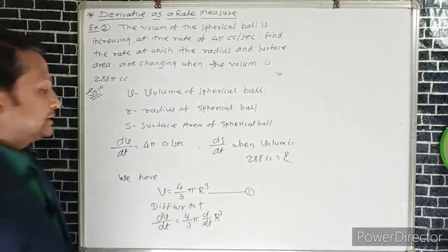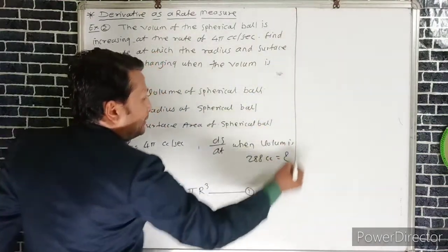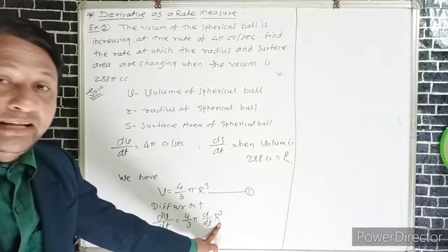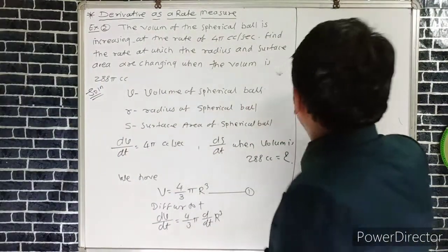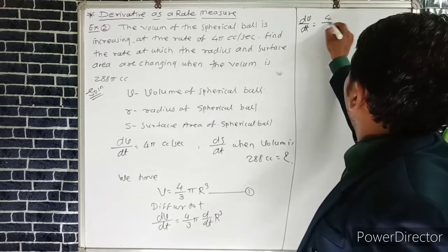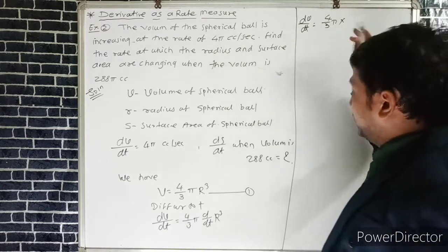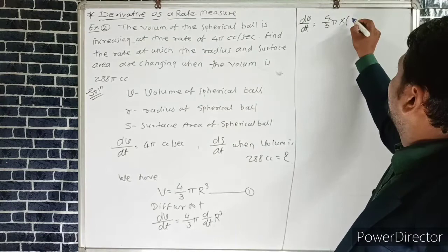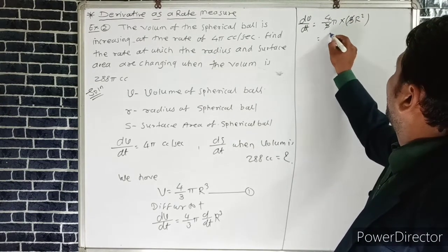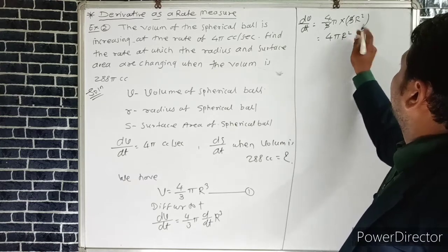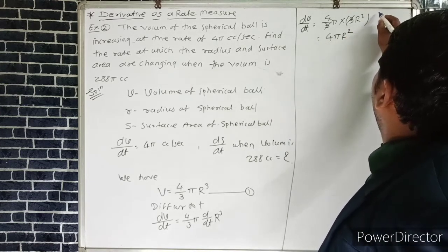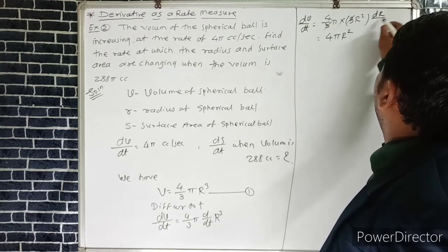T is time, r is the radius. If r is a function of t, then dV upon dt is equal to 4 by 3 pi into the derivative of r cube, which is 3r square. Here 3 cancels, so we can write 4 pi r square into dr upon dt.